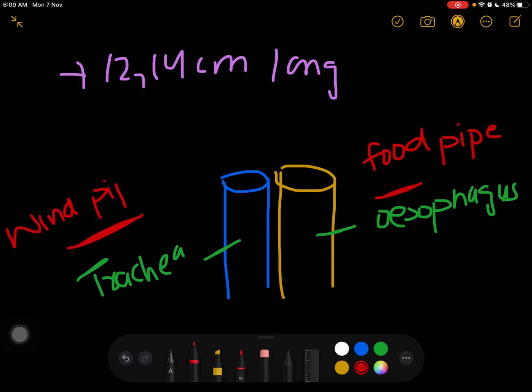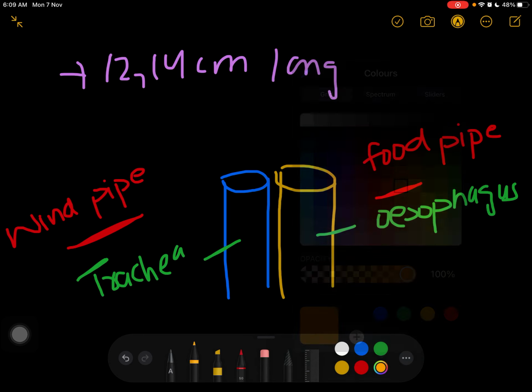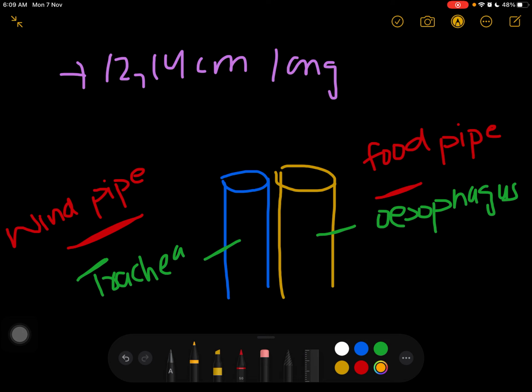Above the trachea, the opening of the trachea is here, and this area is known as glottis. The area over here is known as gullet.